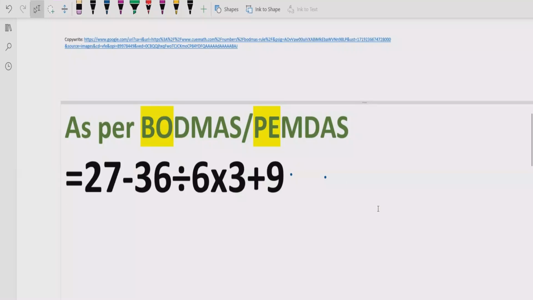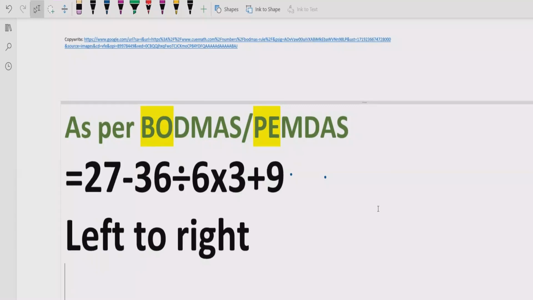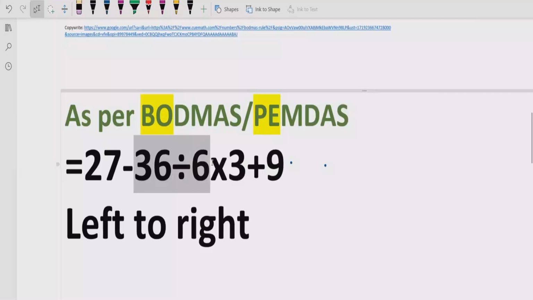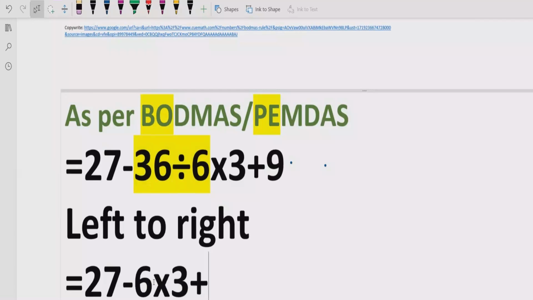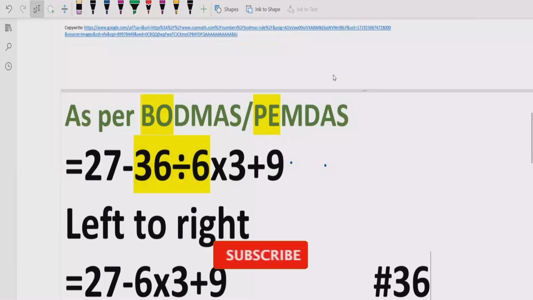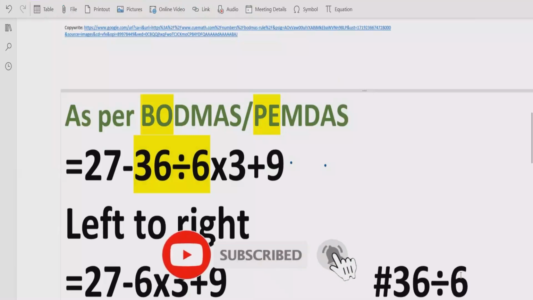So what we will do is go left to right in our expression and find out which comes first. If you go left to right, first of all we have the division, which is 36 divided by 6. So we will write 27 minus 6 multiplied by 3 plus 9, and here we will give the reference: 36 divided by 6 equals 6.